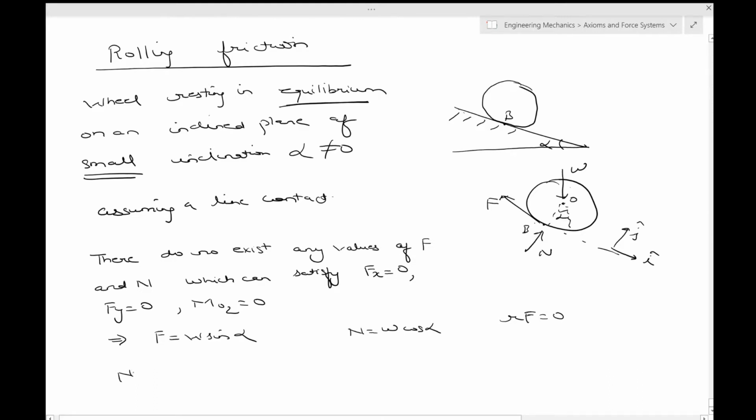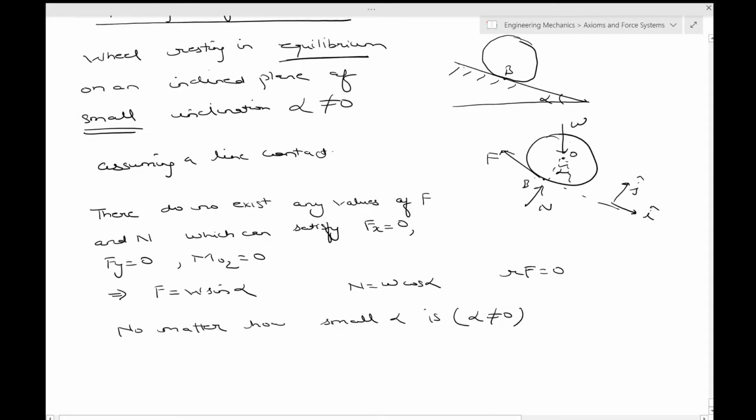No matter how small alpha is, but alpha is not allowed to be equal to 0, so no matter how small alpha is and how large mu is, the wheel should roll.